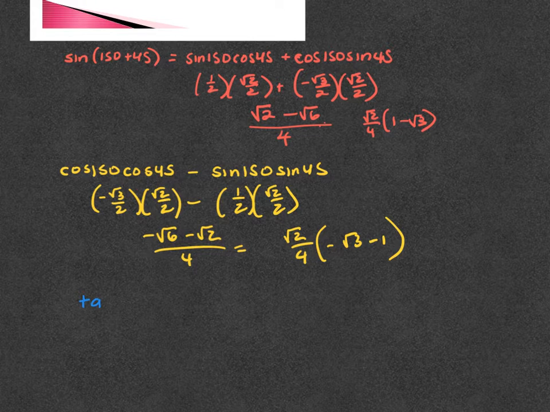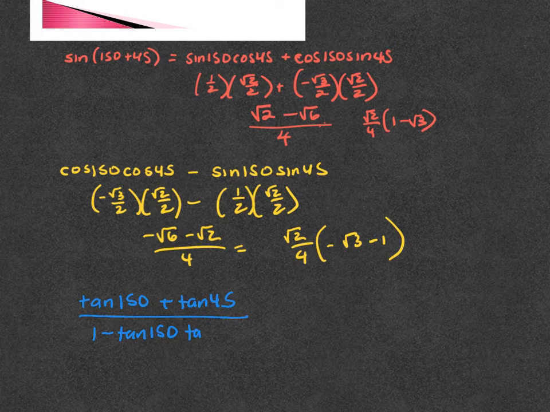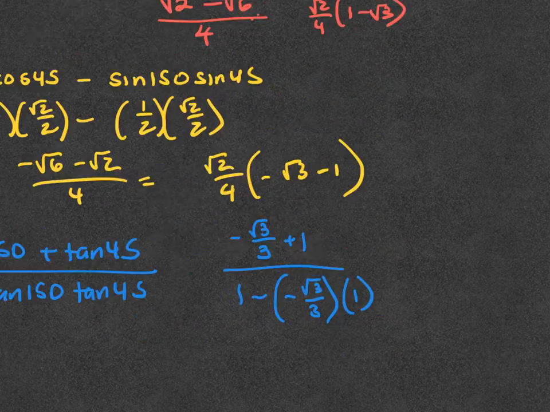And then the last one is tangent. So tangent of 150 plus tangent of 45 over 1 minus tangent of 150, tangent 45. So tangent 150 is negative root 3 over 3. Tangent of 45 is 1. 1 minus negative root 3 over 3 times 1.